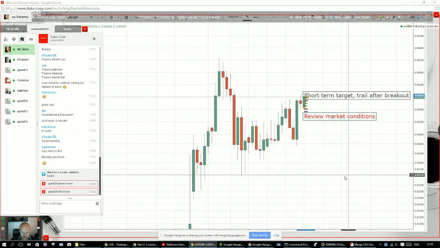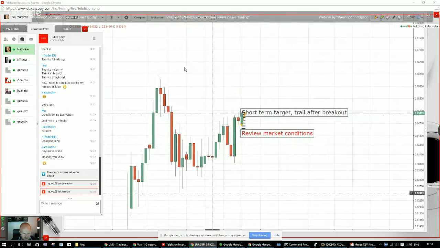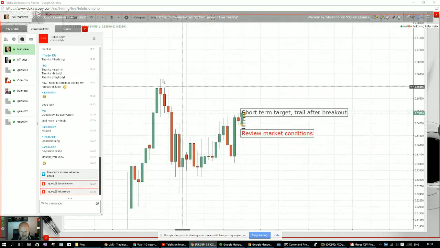That's the first target basically, at least this opening and close area, which is 0.85837. That's where the price will go when it breaks through this level here. And it might be a reversal area as well, so be careful around here.